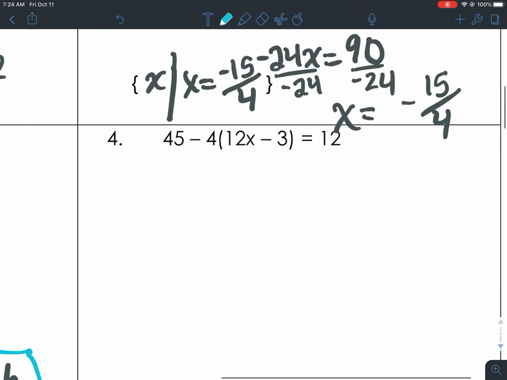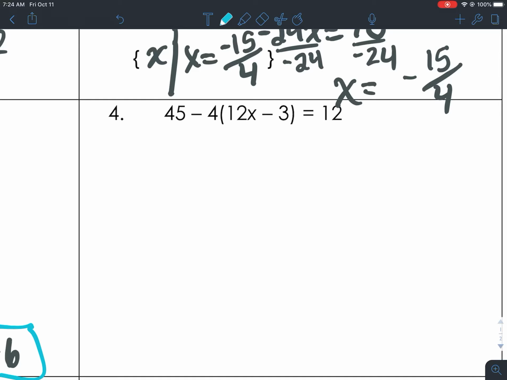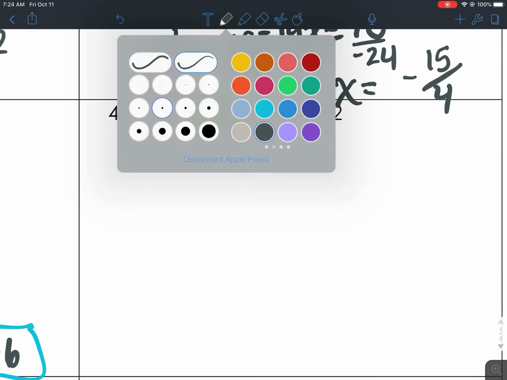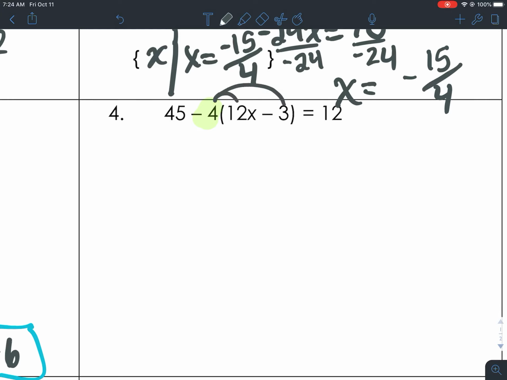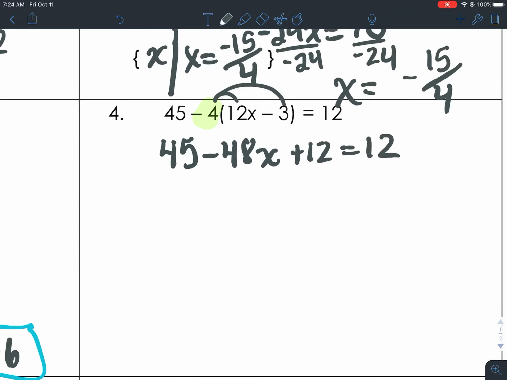Okay, for number 4, it's a lot of distributing negatives, which isn't a bad thing. So we're going to distribute negative 4, bring down the 45, negative 48x plus 12, negative 4 times negative 3. And then when I combine the 45 and the plus 12, that's going to give us 57.